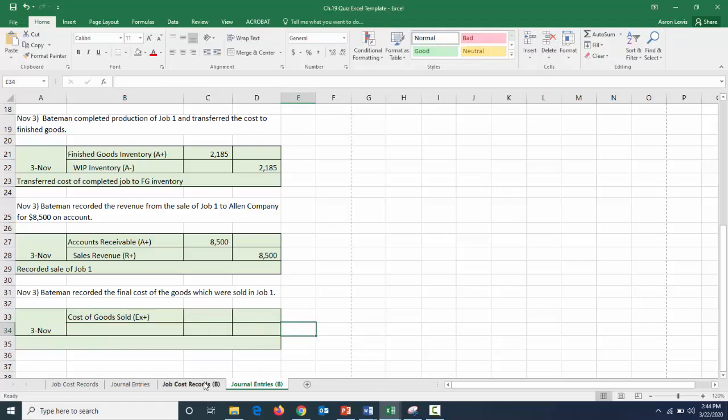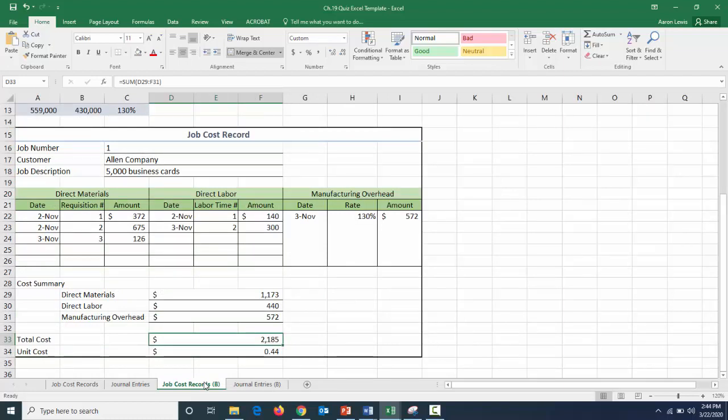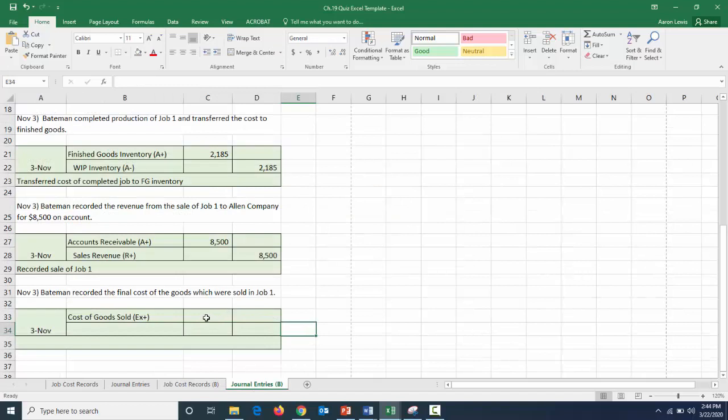And that was, again, from our job cost record, $2,185. Up here, when we finished that job, we took the cost of job 1 out of WIP and put it into finished goods inventory. Now it's not going to be sitting in our inventory anymore, so we sold it. So what we need to do is take it out of finished goods inventory and put it into the cost of goods that we actually sold.